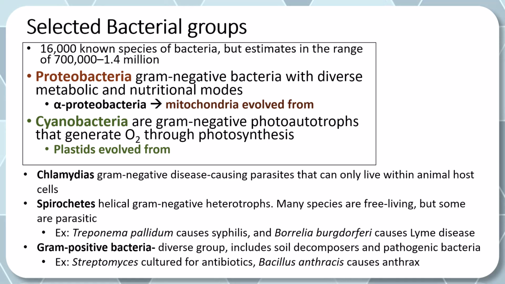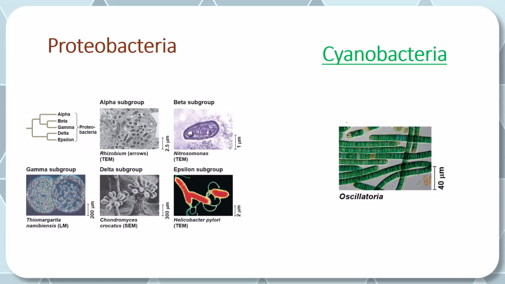Then, of course, there's gram-positive bacteria, which are a pretty diverse group, but some include soil decomposers and pathogenic bacteria. So, again, only memorize proteobacteria and cyanobacteria. I don't know if I made it clear enough, but I only want you to memorize proteobacteria and cyanobacteria.